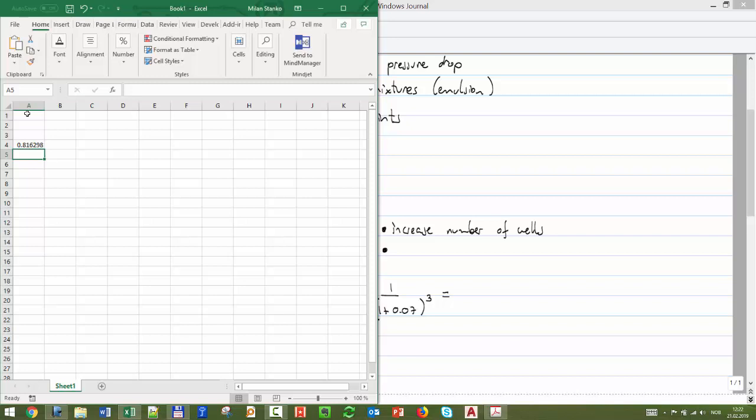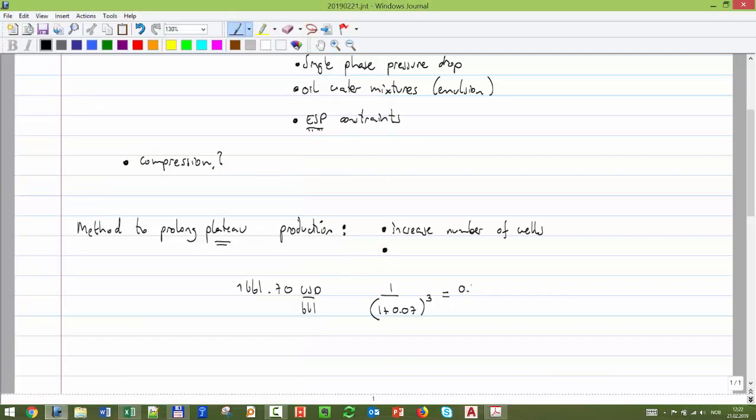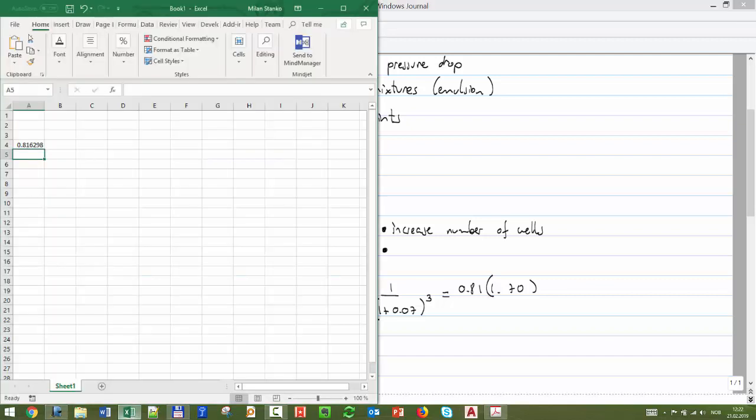Well, the inverse of that, I guess. Yeah, fine. Okay, 0.81. That means that after already 3 years, I'm going to get 1 times 70 times that factor. And that number is going to simply become bigger. Let's say after 10 years, how much will that be?